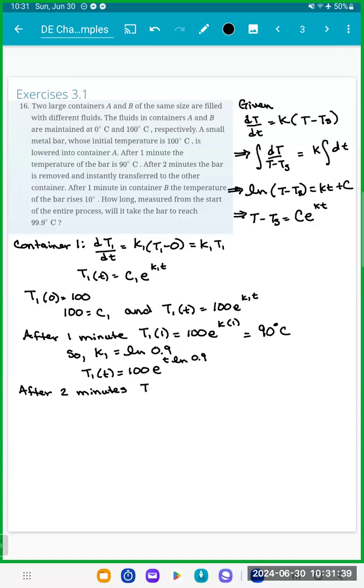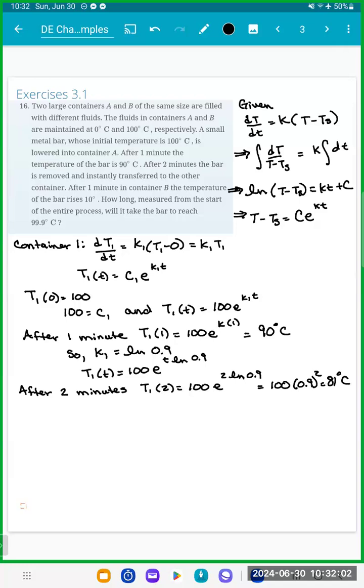After 2 minutes, we had T sub 1 after 2 minutes is 100 times E raised to the 2 ln of 0.9. So that's going to be 100 times 0.9 squared. So that is 81 degrees Celsius.